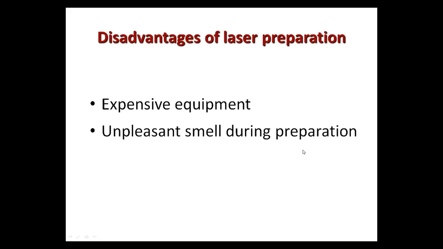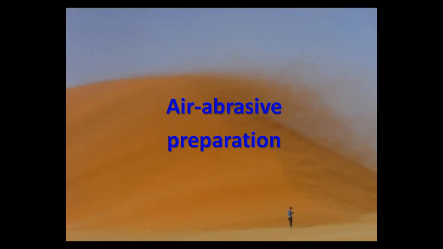As for disadvantages of this type, it is noted that it's very expensive equipment and sometimes there is an unpleasant smell during preparation. Next type of alternative preparation is air abrasive.